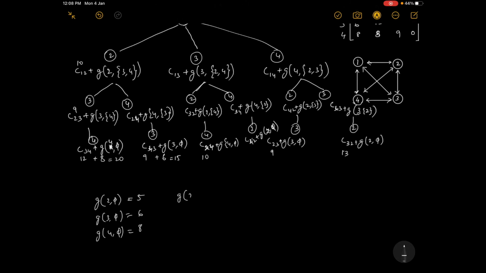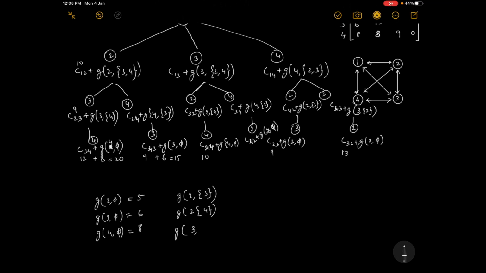Next is g of 2 comma 3. I'm going by this. So you can see here 2 of 3 and 2 of 4, 3 of 2, 3 of 4, 4 of 2 and 4 of 3. So all possible. See, 1 you have already completed, from 1 only you have come. So from 2 you can go to 3 and you can go to 4.